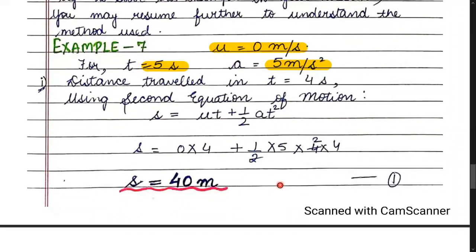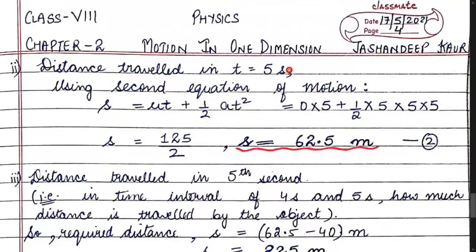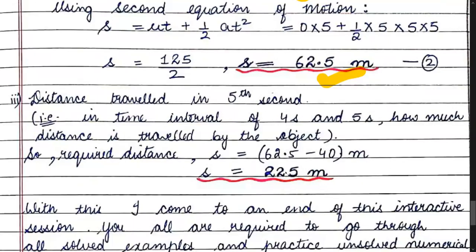First two are very easy parts. You only have to put the value of t as 4 seconds to get the first answer, and then you have to put the value of time as 5 seconds to get the second answer. But the third answer is find the distance traveled in the 5th second. 5th second means only the last 1 second.